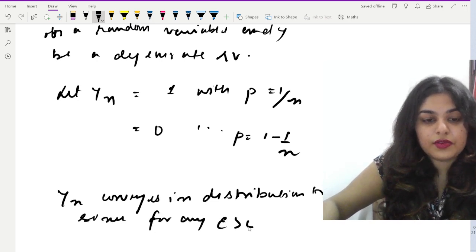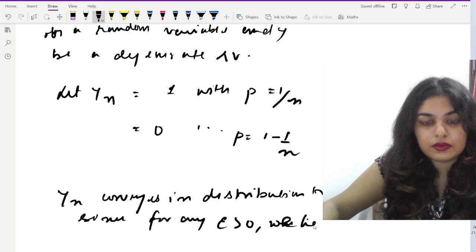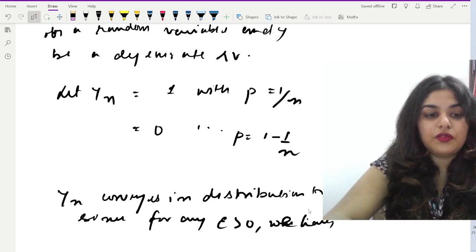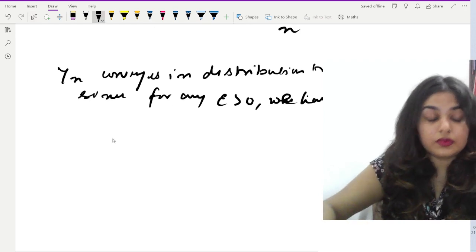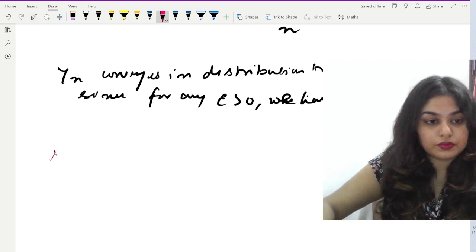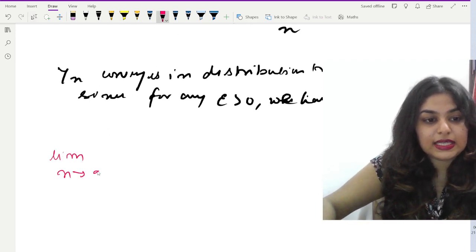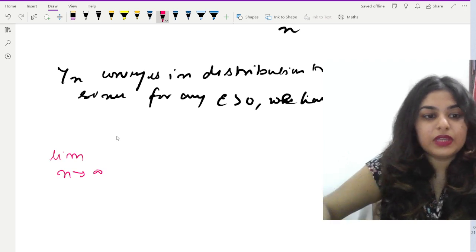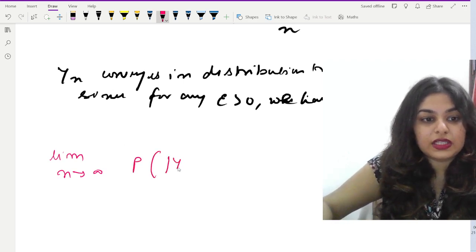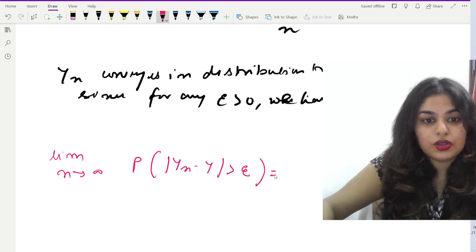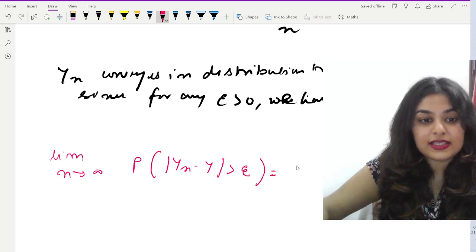So what is epsilon? A very small value, which is a positive value. Then we will have the following given condition, which is limit n tends to infinity. Okay, then the probability of the difference between these two variables being greater than epsilon will be almost 0. And when can this condition hold?